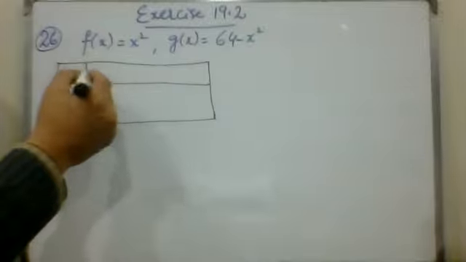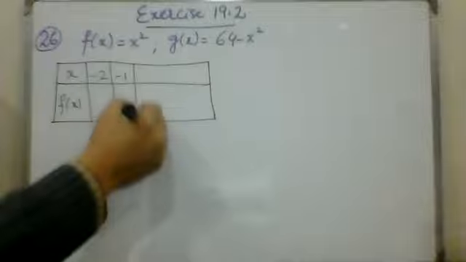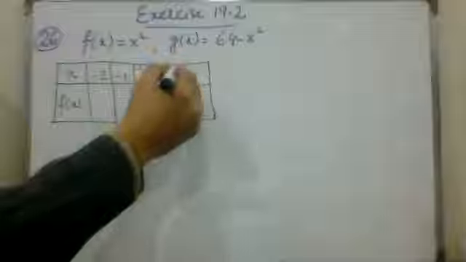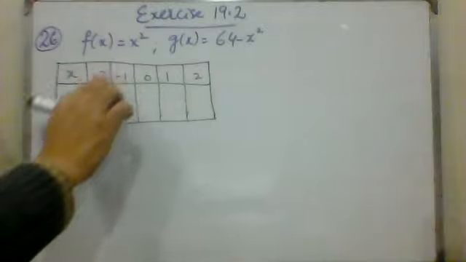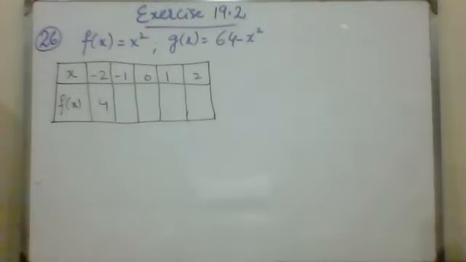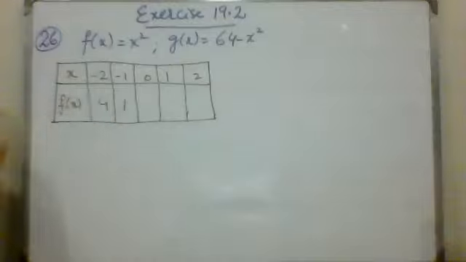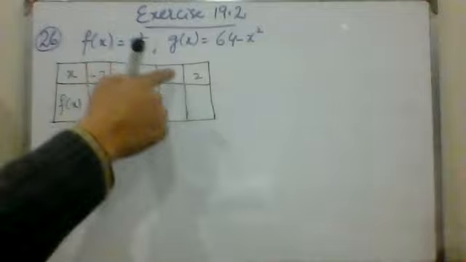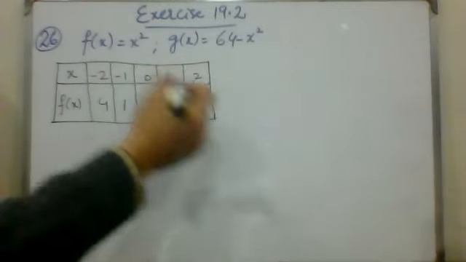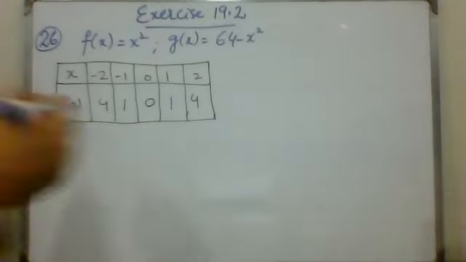Now I want to take the values of x as -2, -1, 0, 1 and 2. In place of x put -2, we get answer 4. For x is -1, we get answer 1. When we put x is 0, we get answer 0. For x is 1, we get answer 1. And for 2, we get answer 4. So that is the first one.